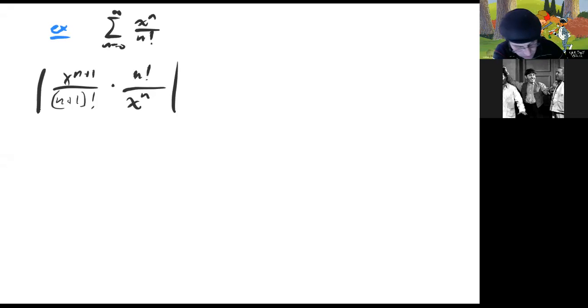We take the absolute value and simplify directly. You get 1 over n plus 1 times absolute value of x. Now what happens when n goes to infinity is this term goes off to 0, so this always tends to 0 as n goes to infinity.